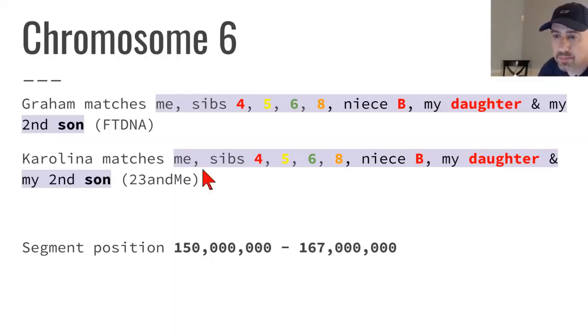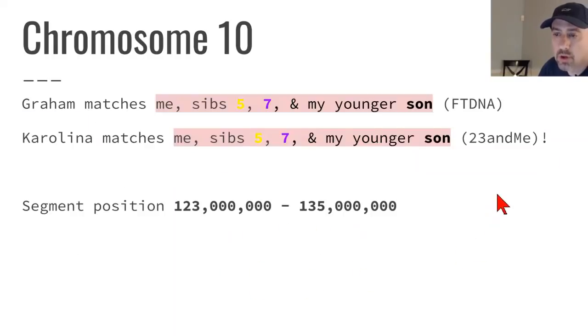Likewise, on chromosome 6, we have a subset of family members who match Graham and a subset of family members who match Karolina. This is the same subset, and the matching is occurring in the same location. So on and on we go, chromosome after chromosome, we're finding Graham and Karolina matching the exact same subset of my family members in the same locations on the same chromosomes.